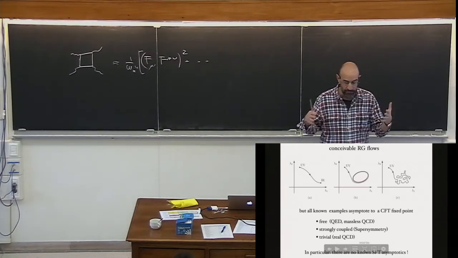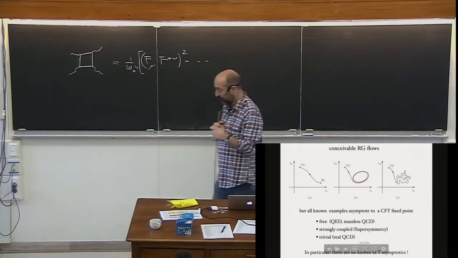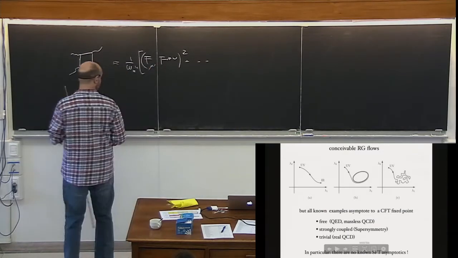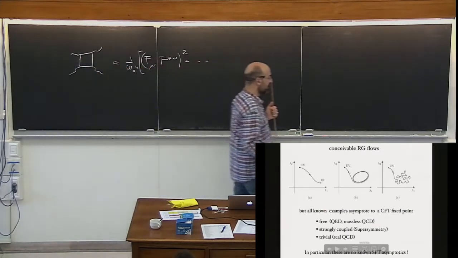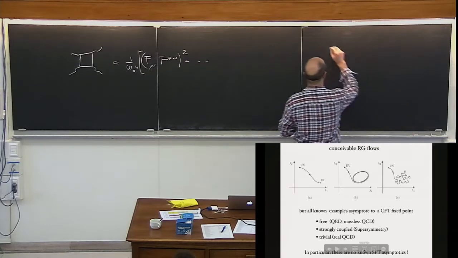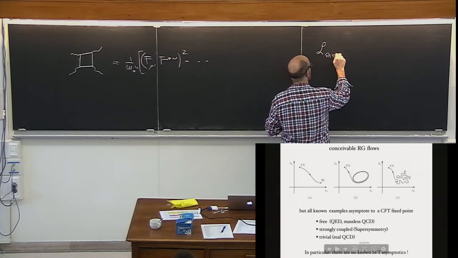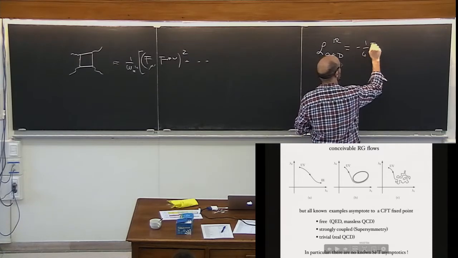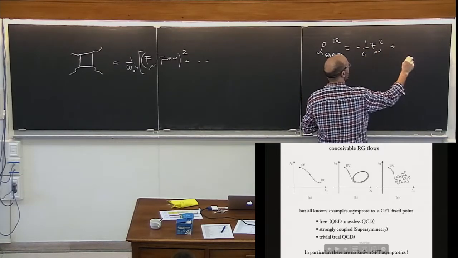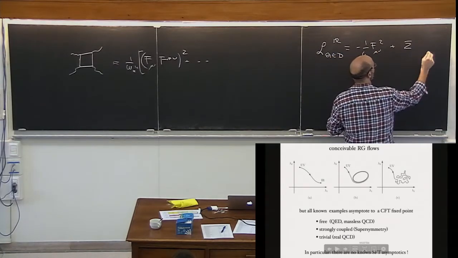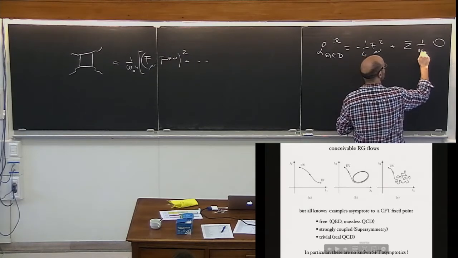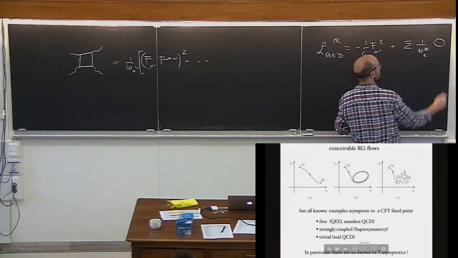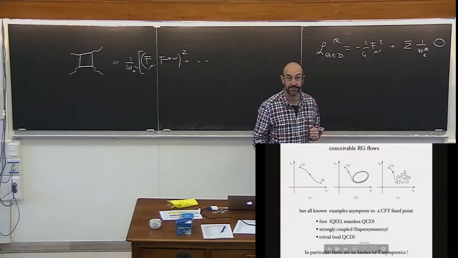So from the point of view of the infrared theory of QED, what you have is just a free photon plus a sum of operators suppressed by inverse positive powers of the electron mass.